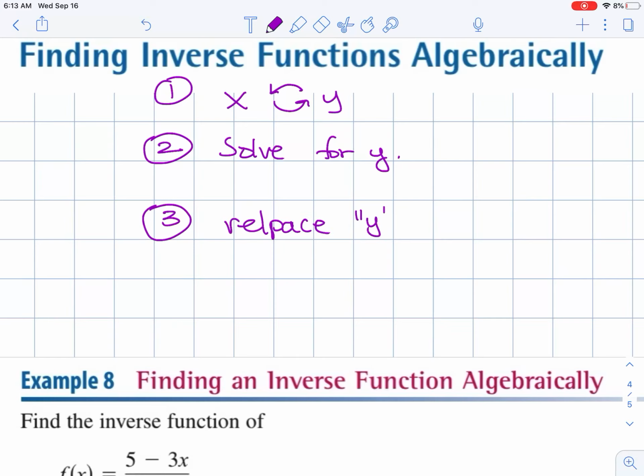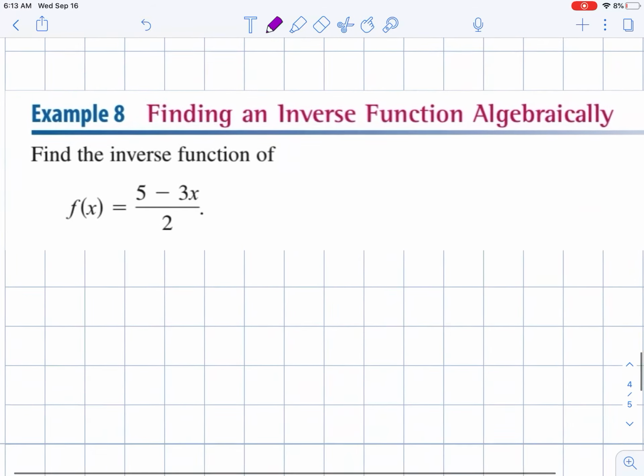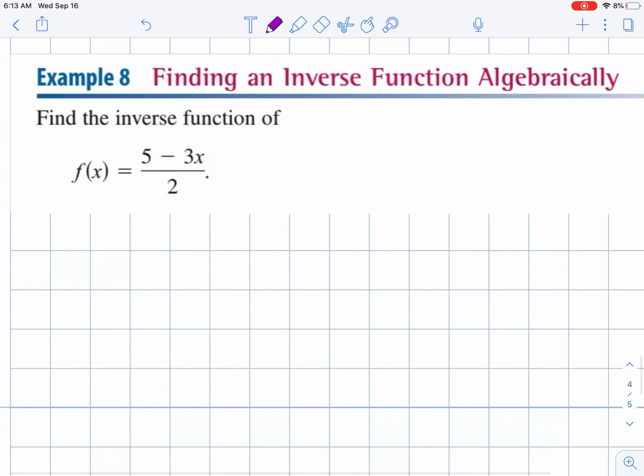And step 3, you're going to replace the y with the notation f inverse of x. So really, it's as easy as 1, 2, 3. Really, I promise. Okay? So let's use that process, and we're going to do this one first.